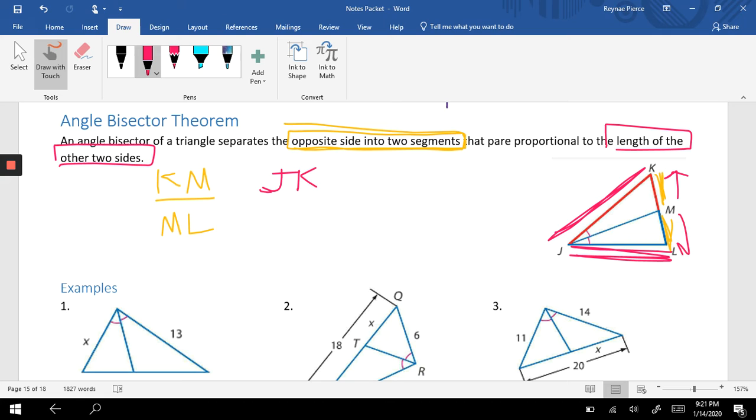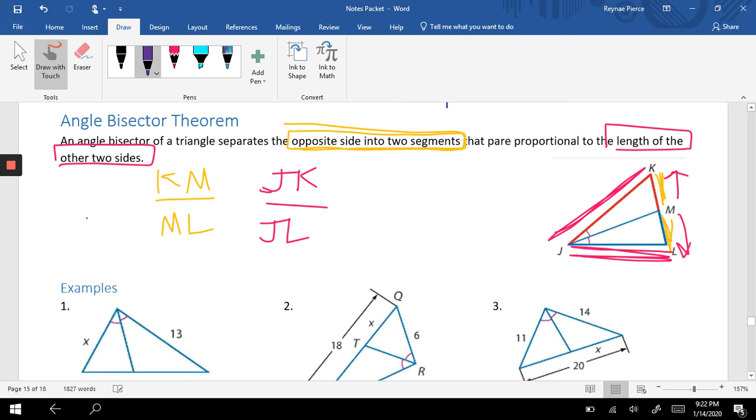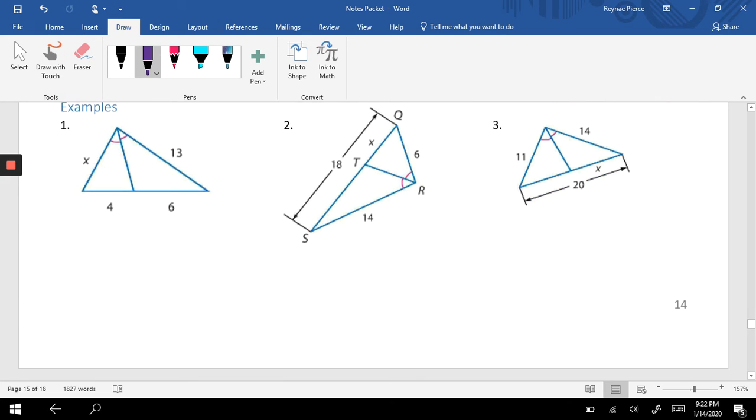And L was on this side, so JL goes in the denominator there. So the two parts here are proportional to the two full sides that we have. Okay. So let's go into some examples.